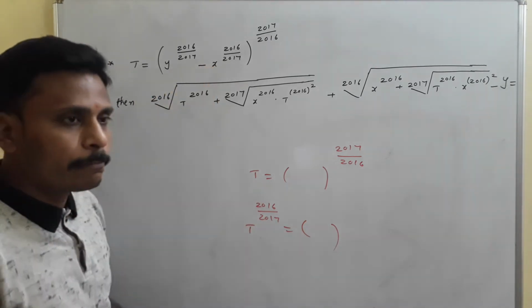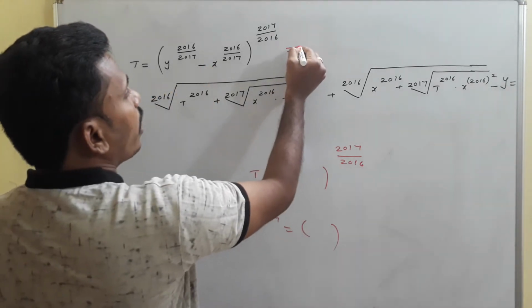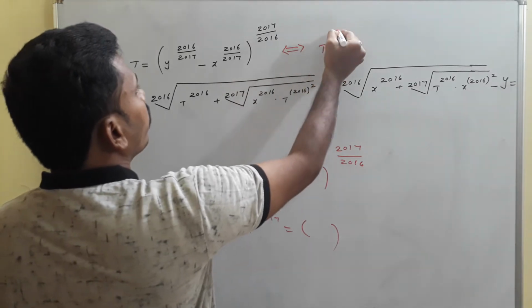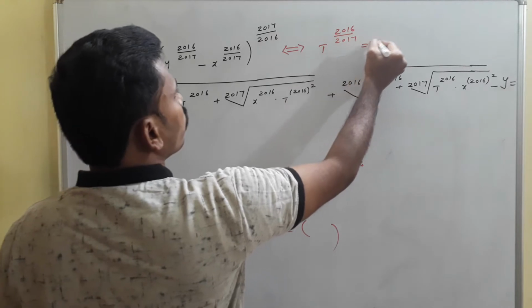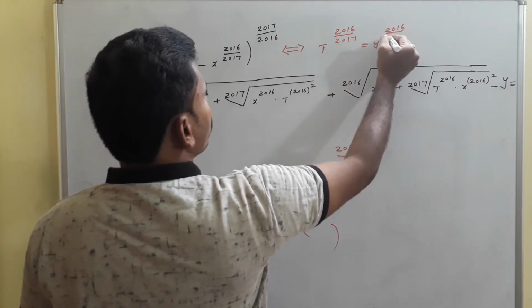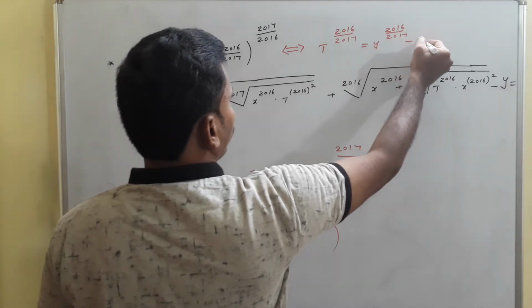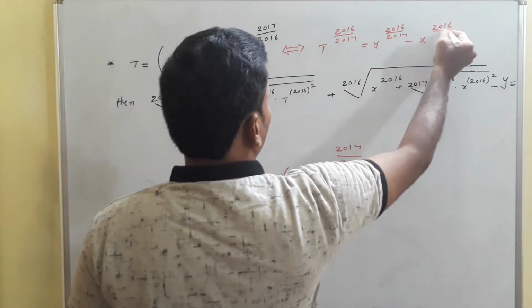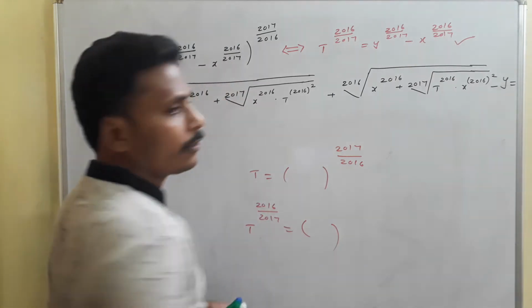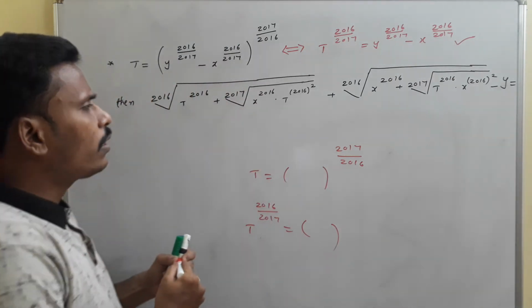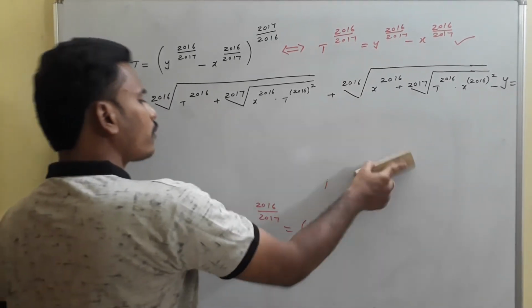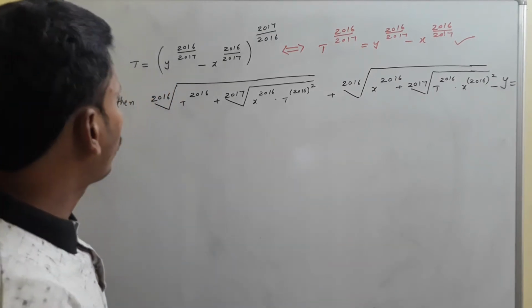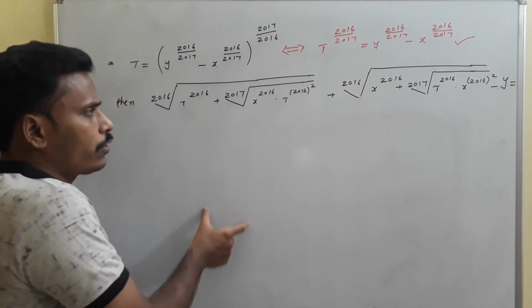Actually this is given, but we have a chance to rewrite it as t power 2016 by 2017 is equal to y power 2016 by 2017 minus x power 2016 by 2017. Just a simple rearrangement of the given t as per our requirement. Okay, and now to solve this problem, first of all you just try to simplify this first term.